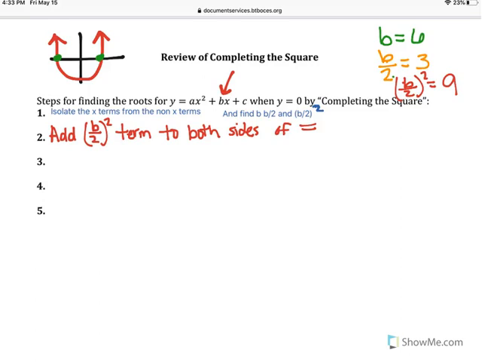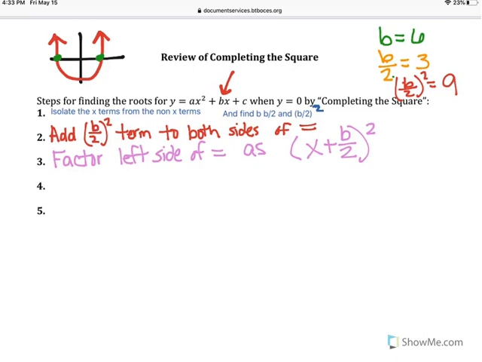Now for step 3, there is a trick in step 3, so you can skip to how to factor it. So you're going to factor the left side of the equation as, and this is the trick, it's always going to work, x plus your b over 2 value, the whole thing squared.